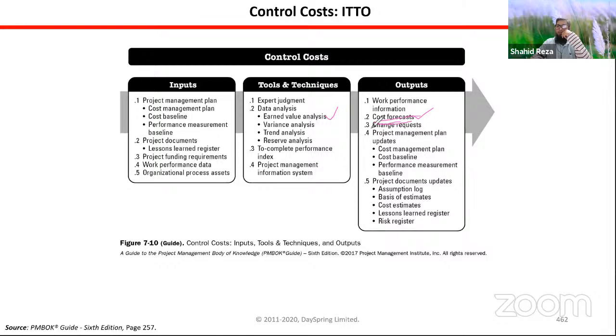If a change request happens, control cost always produces change requests as output. Change request is the common output for all the monitoring and control processes. This is especially for cost related changes. If any change comes which is deviating from or creating variance in your cost baseline, you should deal with it formally with change management and also perform the integrated change control process.